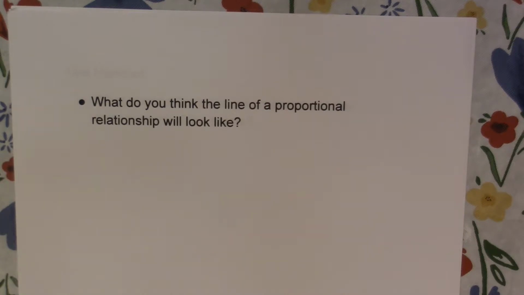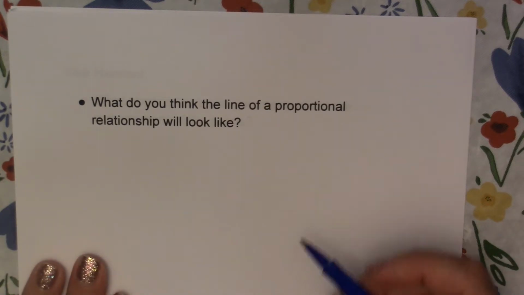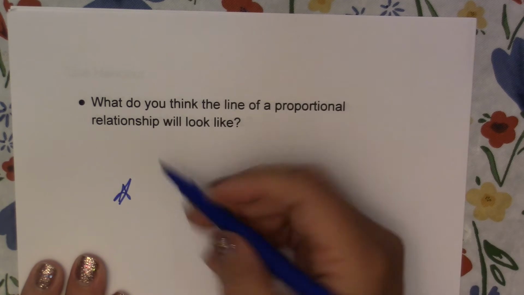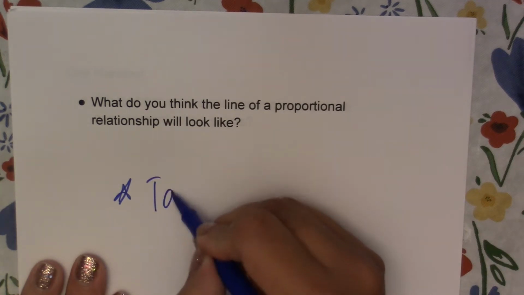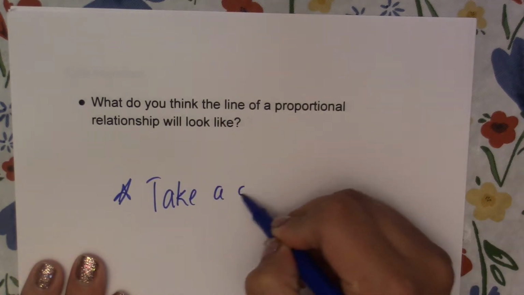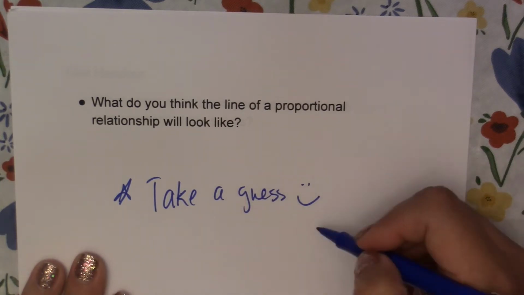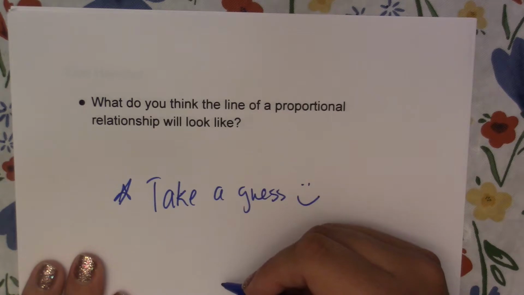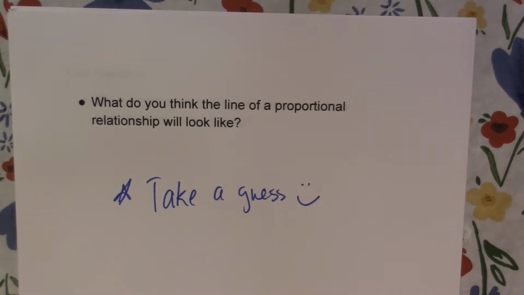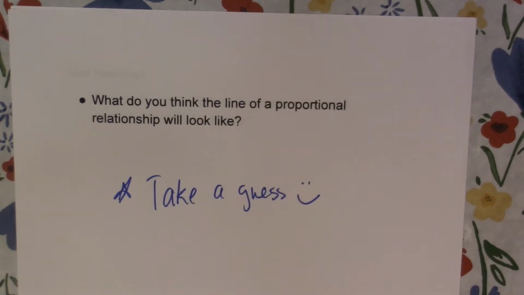What do you think the line of a proportional relationship will look like? Again, I can't pick this for you, so you're going to take a guess. Will it be a squiggly line? Will it be a circle? Will it be a straight line? You put whatever you think that answer is. And again, we're going to do some investigating with that here in just a little bit.